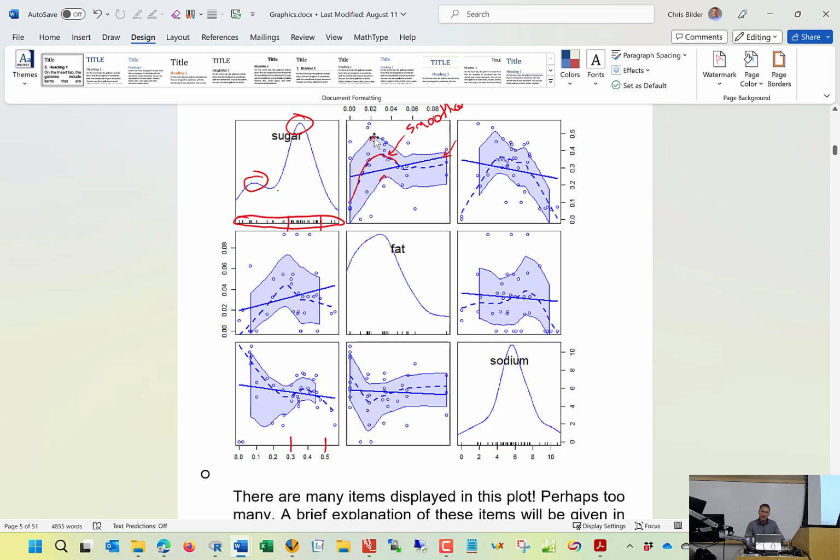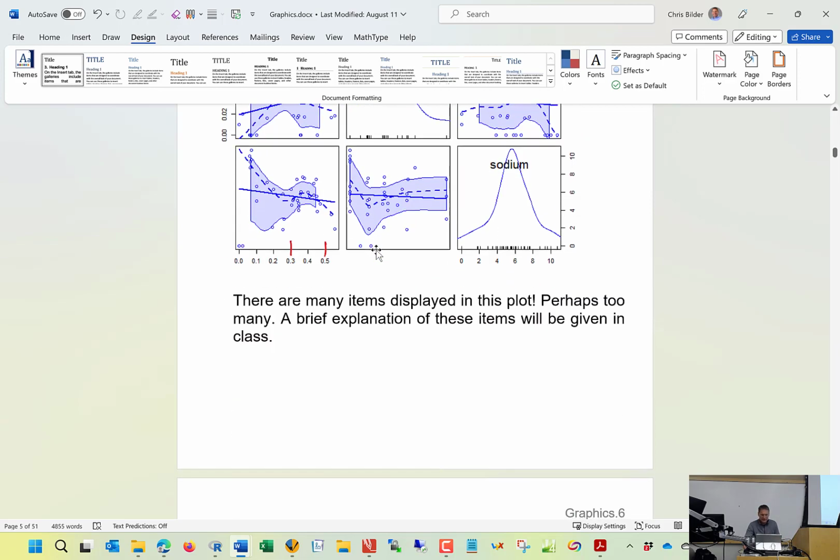That's what we see coming out from that. And overall, maybe for the sugar and the sodium plot, which is this one, maybe we have some kind of quadratic trend going on there. So something that we maybe didn't really notice before. It's definitely not really a big trend, but maybe there's something there that we could explore later on.